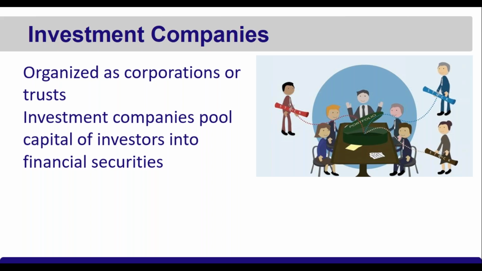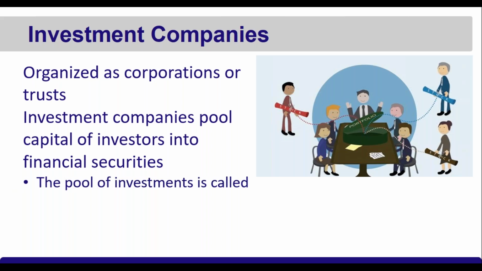So again, going all the way back to 1940, we have a very important piece of legislation, the Investment Company Act of 1940, that, number one, gives us the definition of what an investment company is. These are companies that pool capital, the money of investors, think mom and pop investors, and use it to buy other companies' stocks and bonds.